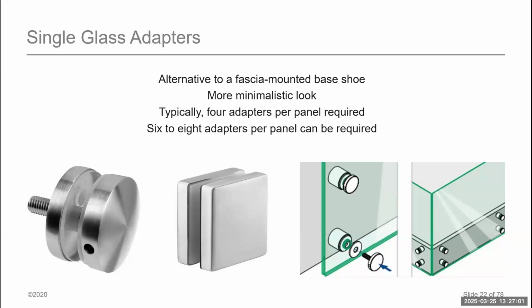Really, we will most likely always see them as pairs, stacked pairs. And the reason why is, again, we're going to see adapters that are spaced anywhere from 12 to 16 inches apart. And so therefore, we're basically doubling the load that we would have on a common base shoe anchoring standpoint. So that is the other thing.